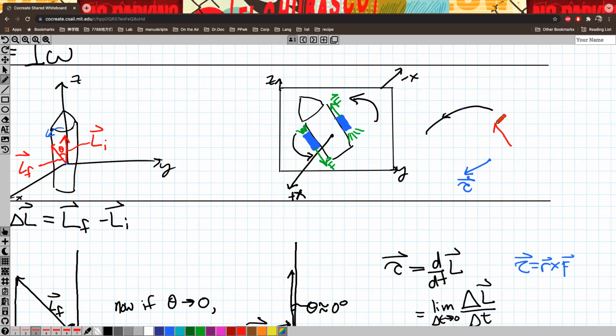If the force is being applied over here, so that's the green arrow in the diagram to the left, then your R vector will go from the pivot point to the force, and then R cross F. So R is in the YZ plane and F is in the YZ plane, then the torque would have to go out of the page in the X direction.